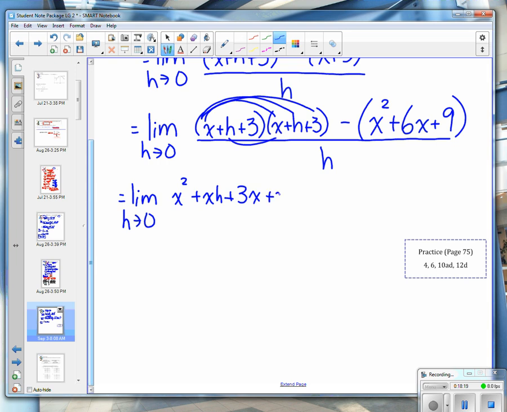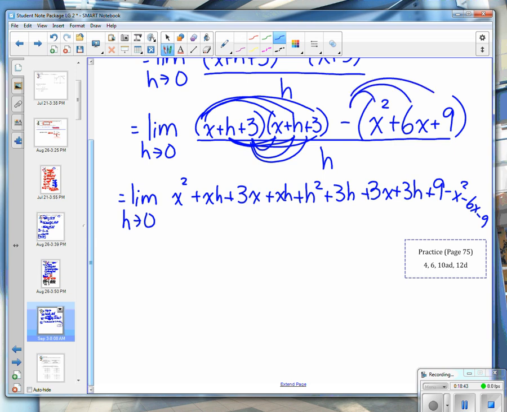Next one plus x times h plus h squared plus 3h plus 3x plus 3h plus 9. Big long one. And now we've got minus x squared minus 6x minus 9, because I'm just applying that negative to everything in there. And then divided by h.